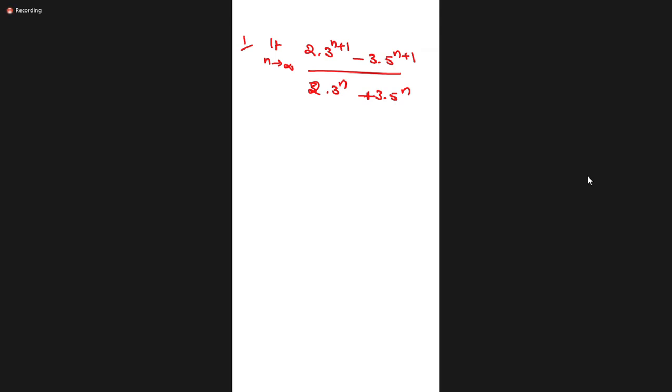This is the question: 2 into 3 power n plus 1 minus 3 into 5 power n plus 1, by 2 into 3 power n plus 3 into 5 power n. Don't read it as a decimal; it is 2 into 3 power n plus 1.